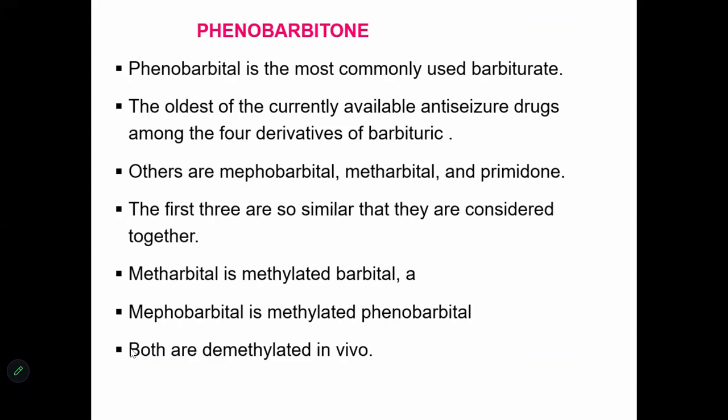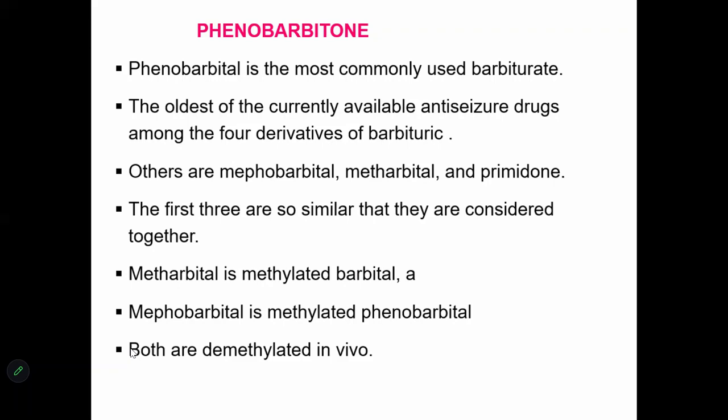But let's talk about phenobarbital. Phenobarbital is actually the first anti-seizure drug to have been used extensively. To date, it is the one that is used in most facilities, and probably because it is the only one available. So it is the oldest of the currently available anti-seizure drugs. It's a derivative of barbiturate.